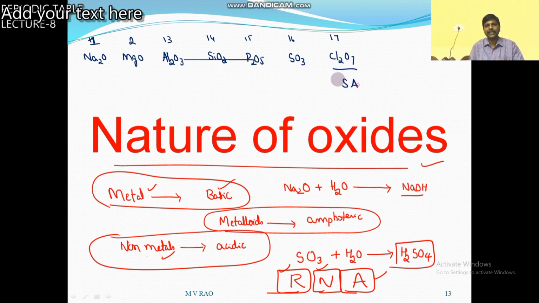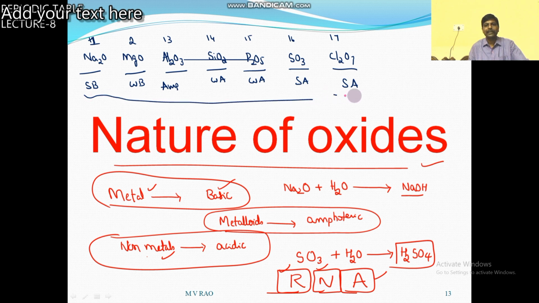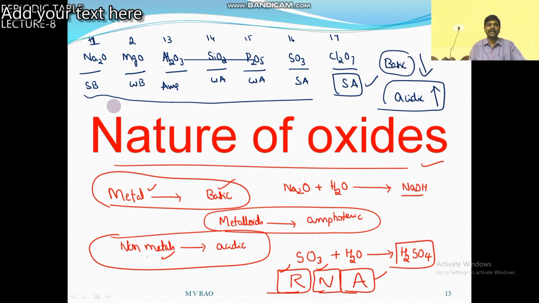The last two are strongly acidic, then weakly acidic, then amphoteric, then weakly basic, and strongly basic. That means in a period from left to right, the acidic nature of oxides increases and the basic nature decreases, because this side is strong base and here strong acid.